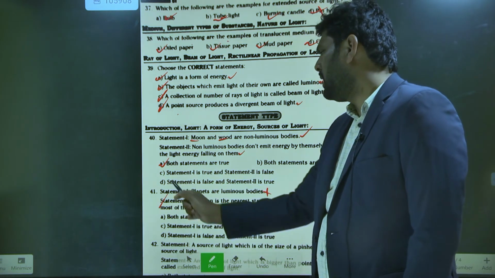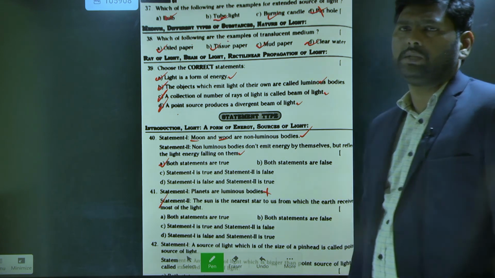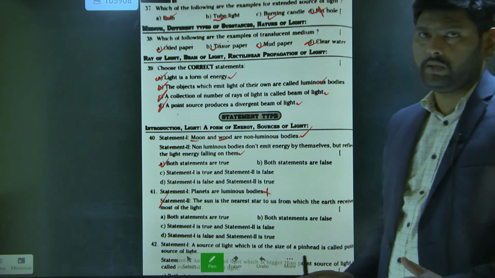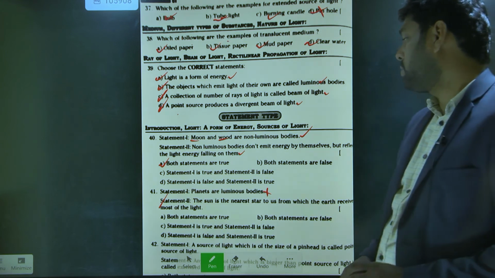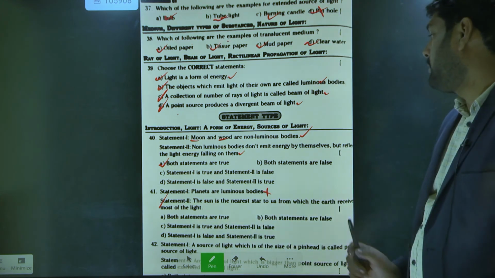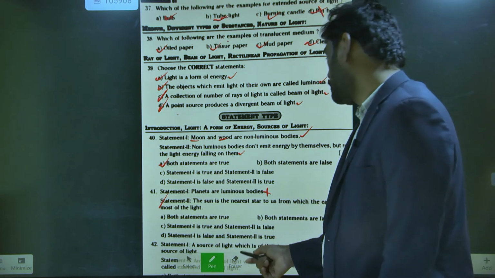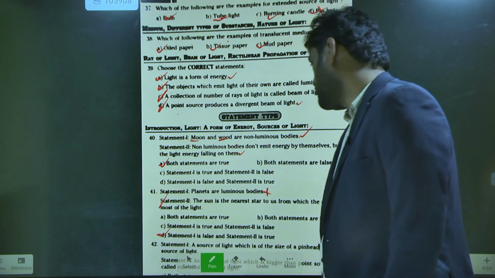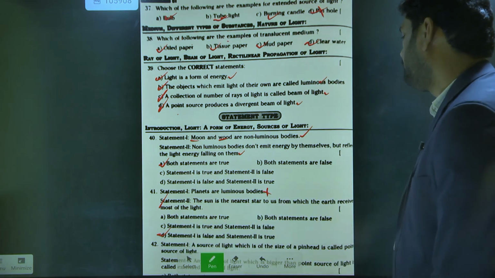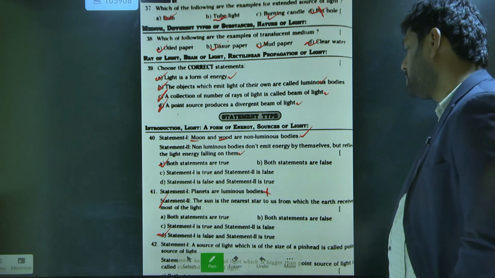It is a very correct statement. Because of the sun, the earth is this way. So statement 2 is right. Statement 1 is false, statement 2 is true, so the fourth option is correct.